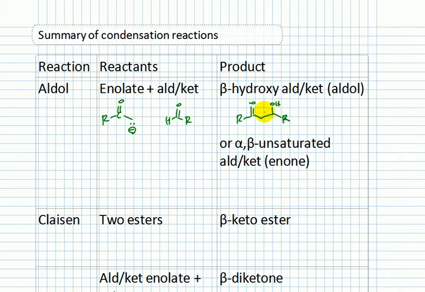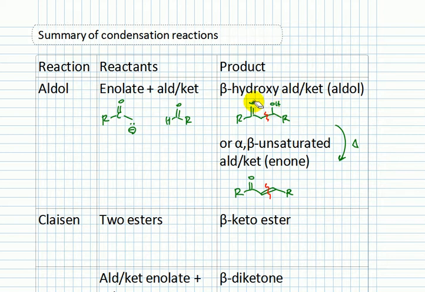where our disconnection comes right there. Okay? Or if we dehydrate it, we can make an alpha beta unsaturated carbonyl compound, right? An enone. So these are the products you look for.